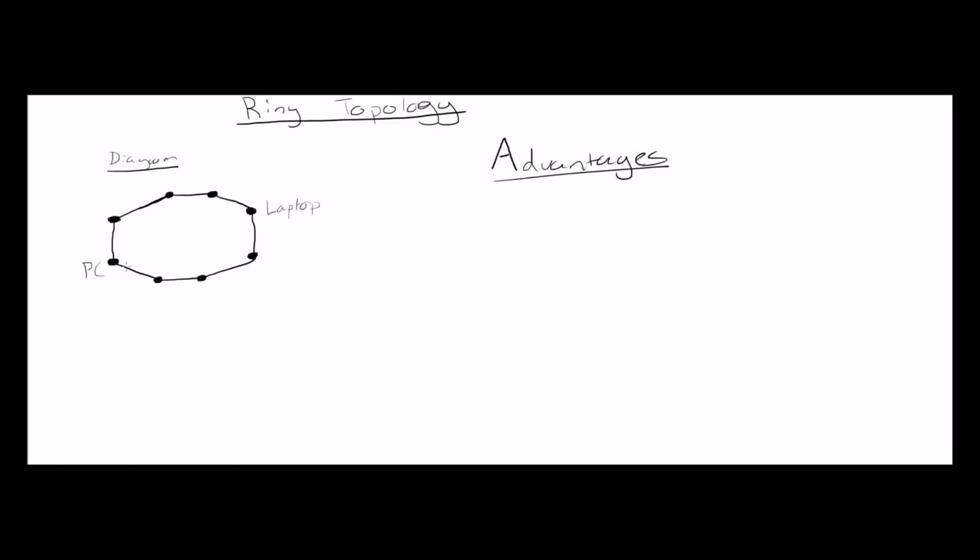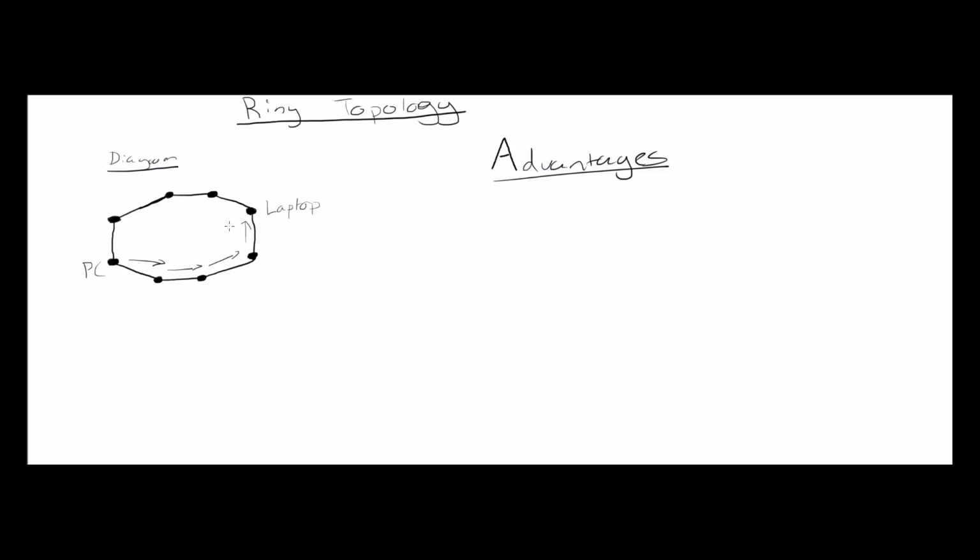The information would need to travel this way to this node, and it would have to ask this node, is this the laptop that I was trying to communicate with? And it isn't, so it moves on to the next node, and it has to go through each node individually until it gets to that laptop that it was trying to communicate with.